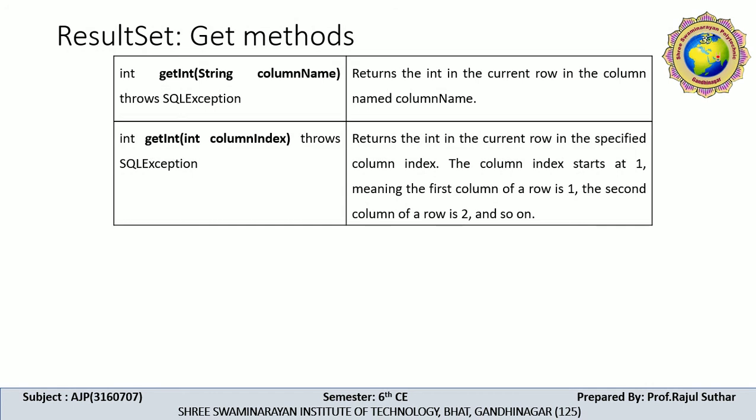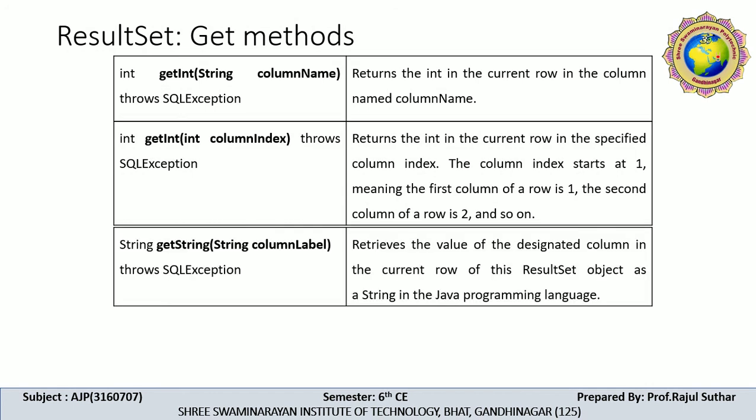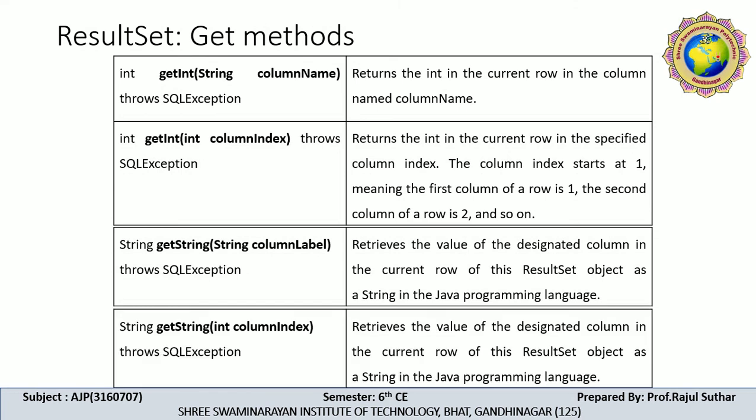We will discuss this in the exercise or practical session. getString(String columnLabel) throws SQLException retrieves the value of the designated column in the current row of the ResultSet object as a string. getString(int columnIndex) retrieves the value of the designated column in the current row of the ResultSet object as a String in the Java programming language.